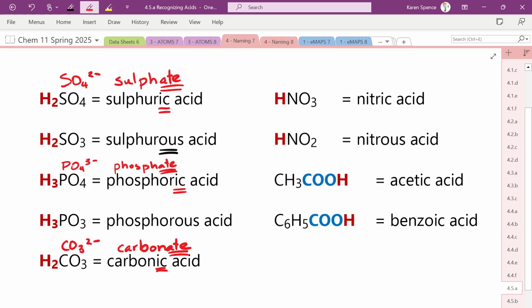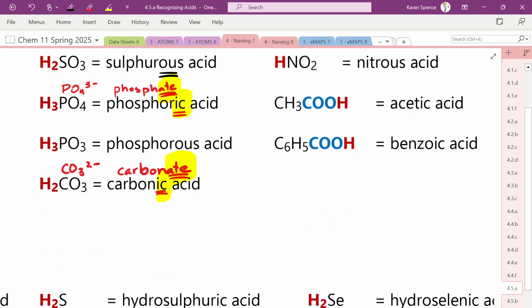You take the ate and you turn it into ick. And if you cannot remember that, you can remember the mnemonic device.